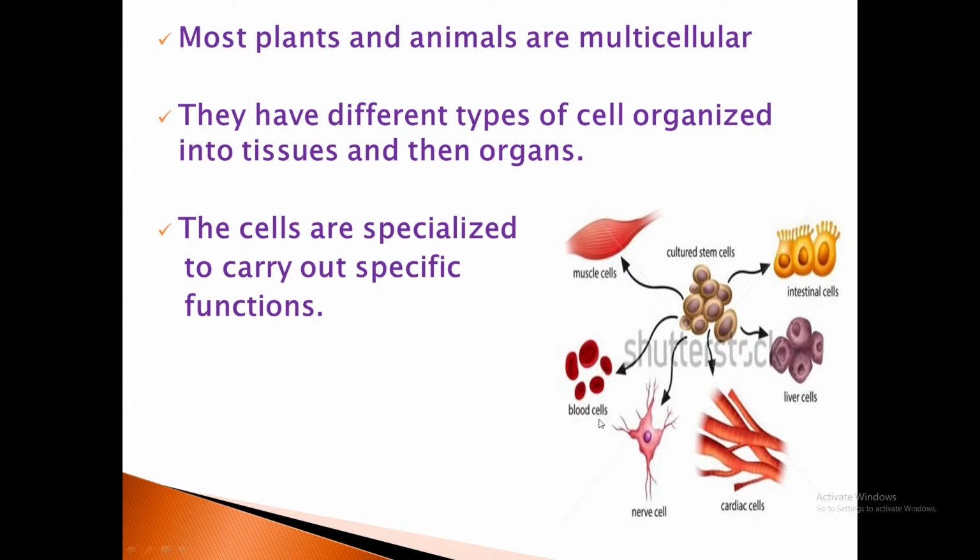The blood cells include red blood cell, white blood cell, and platelets, those are the 3 types of blood cell. Going down, we have the nerve cell, the cardiac cell, the intestinal cell. All of these are different types of cells located in the human body.